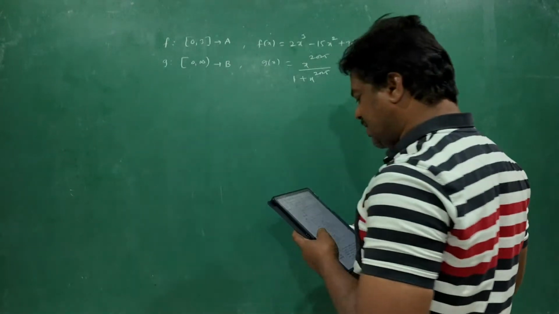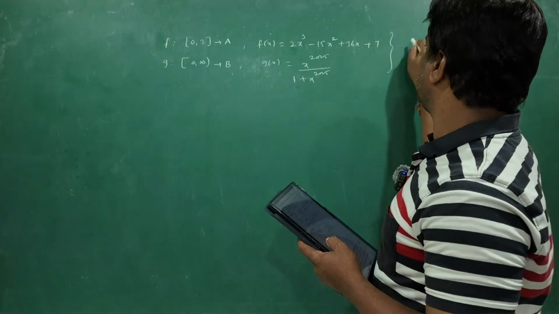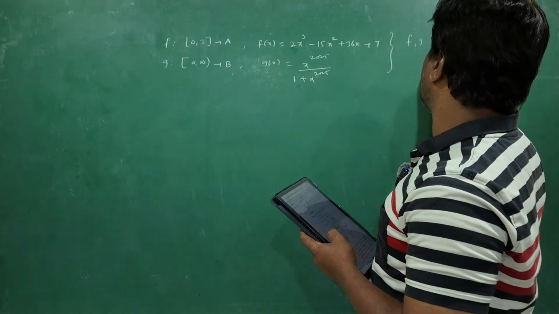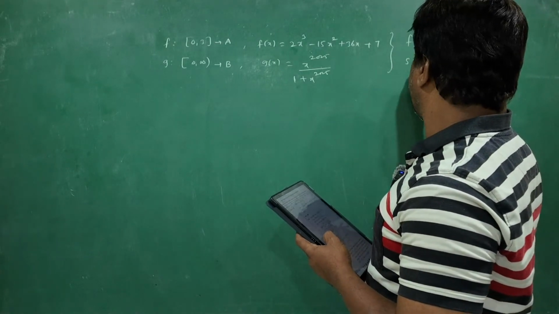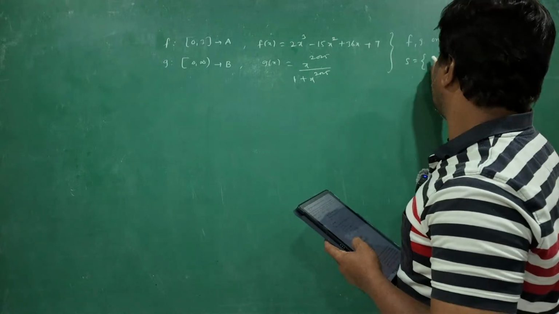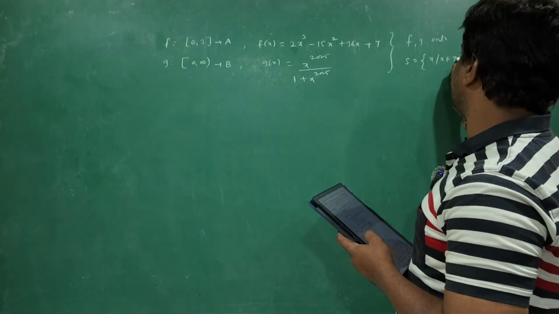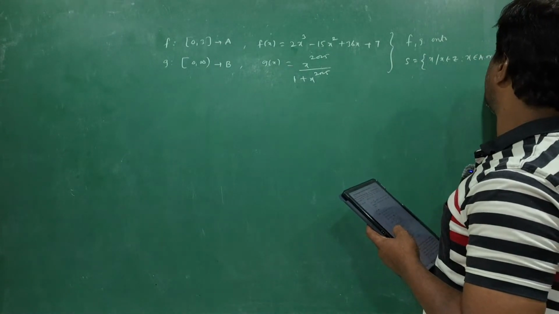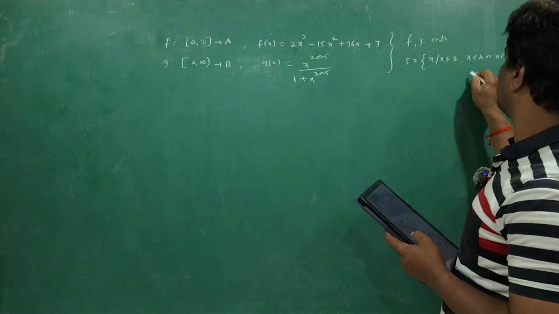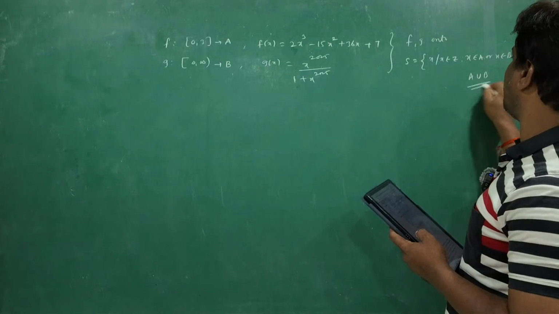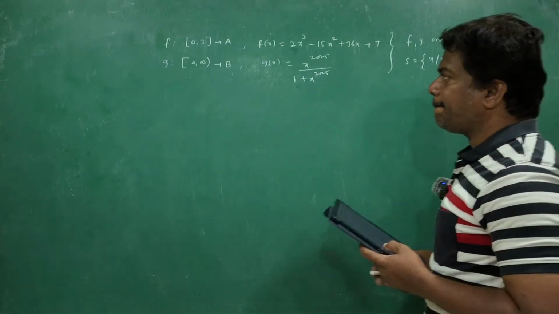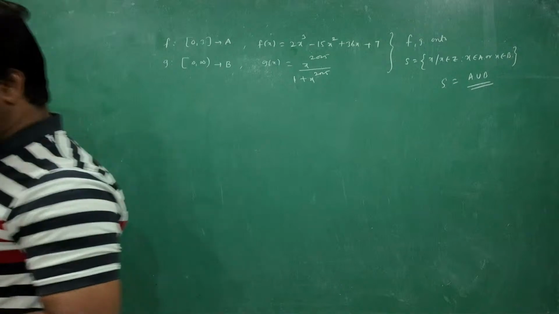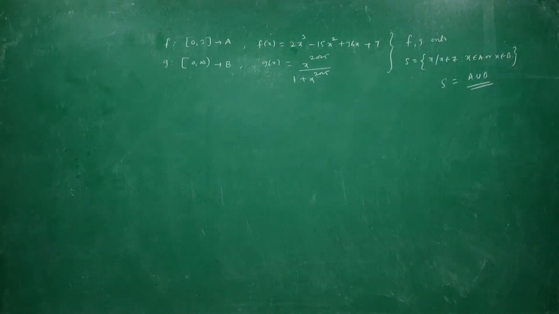Given that f, g are onto functions, and S is given as x such that x belongs to integers such that x belongs to A or x belongs to B. So A union B is S clearly. A, B are range values of f.